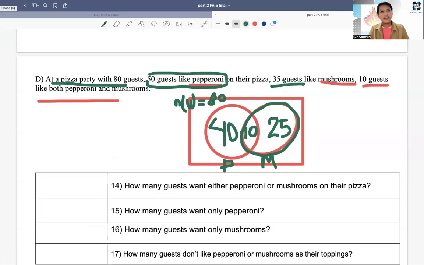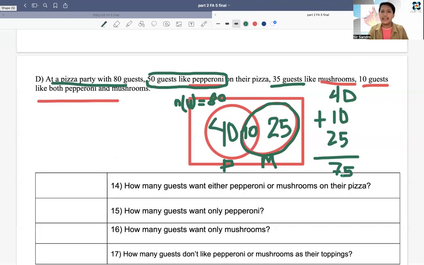Now let's figure out how many people don't like pepperoni or mushroom. We have to add 40 plus 10 plus 25. So this is 75. We have 5 missing.